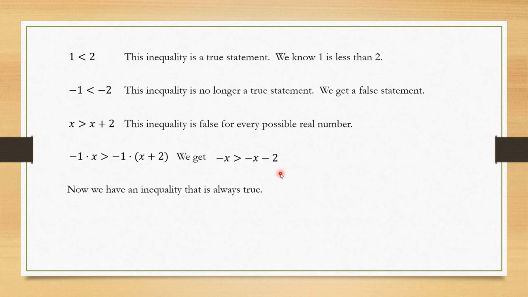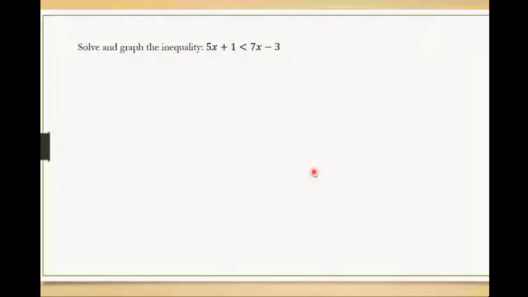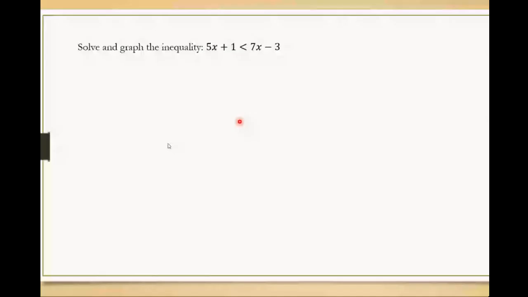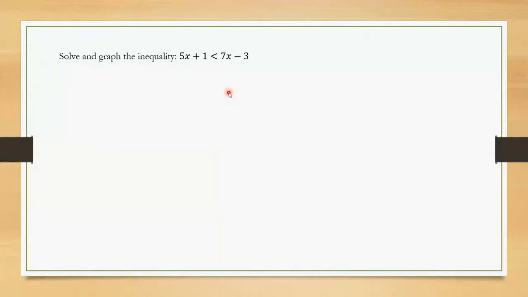So let's do an example. Let's suppose we want to solve and graph this inequality. As you can see, we really can't simplify either side any further. So to solve this, we want to get x all alone, just like with an equation, preferably on the left side.